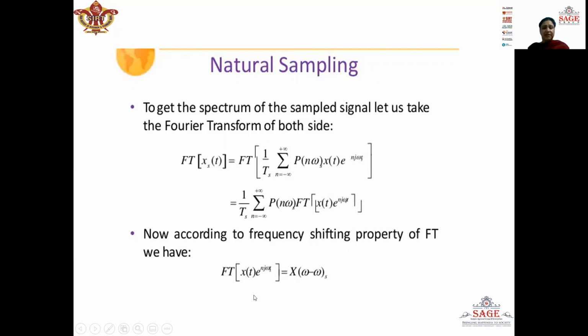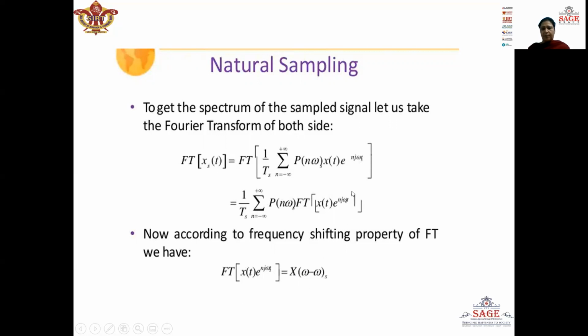Now we know the frequency shifting property: if we have any signal x(t) which has a Fourier transform X(omega), then if in the time domain I multiply this x(t) with e raised to power jn omega s t, the Fourier transform will also get shifted by n omega s.